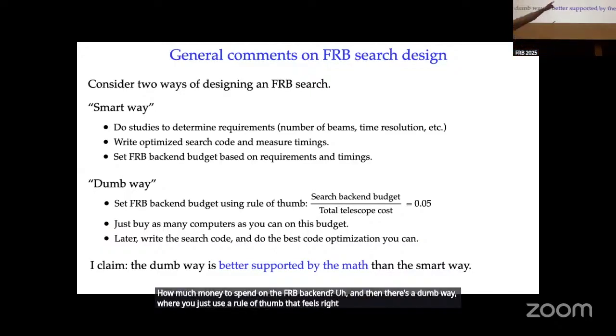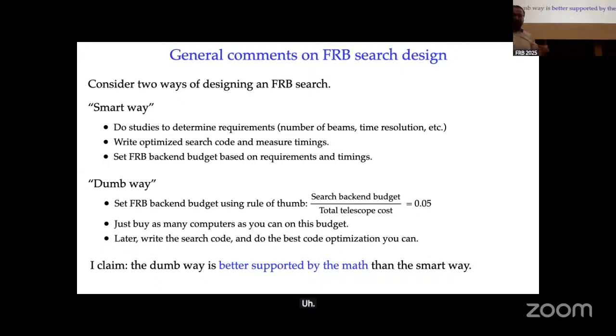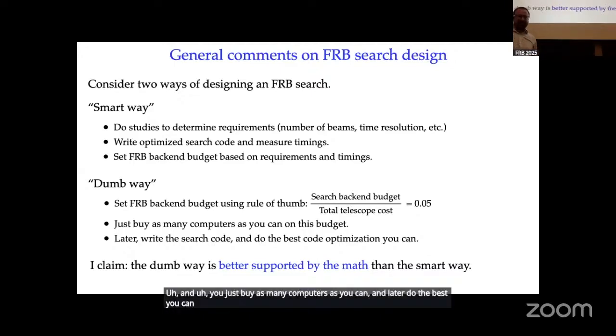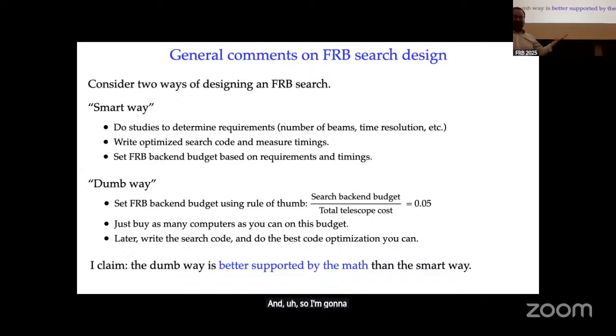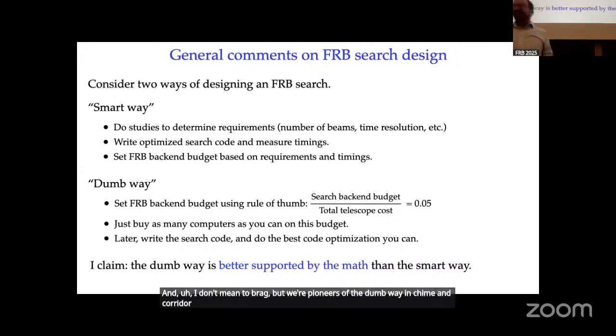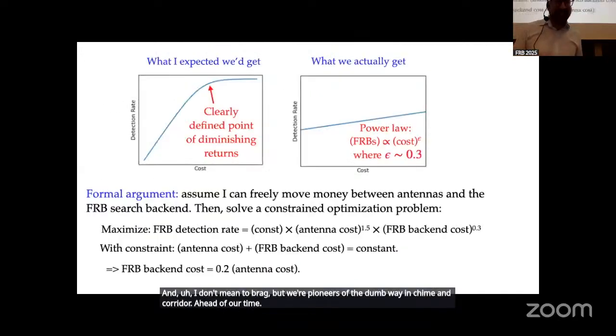Like the search backend budget might be 5 or 10% of the telescope. And you just buy as many computers as you can and later do the best you can on code optimization. And so I'm going to claim that the dumb way is better supported by a power law than the smart way. And I don't mean to brag, but we're pioneers of the dumb way in CHIME and CHORD. We're ahead of our time.